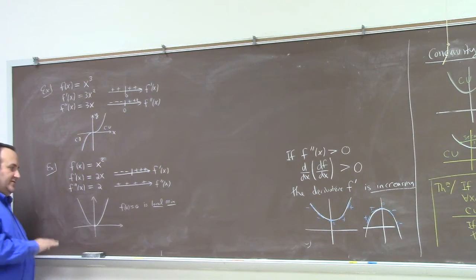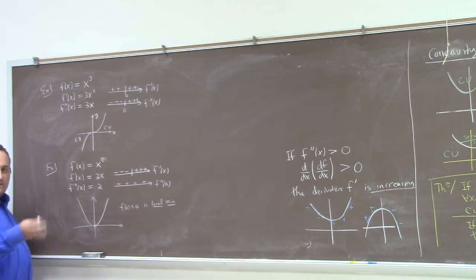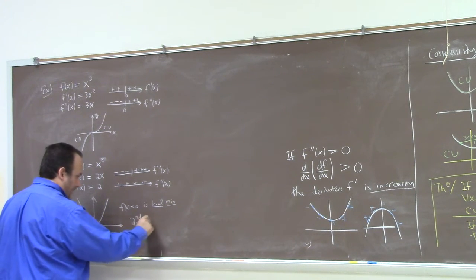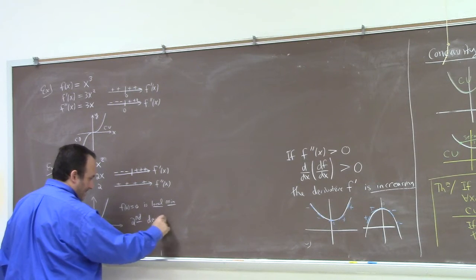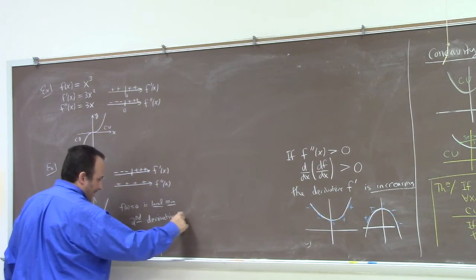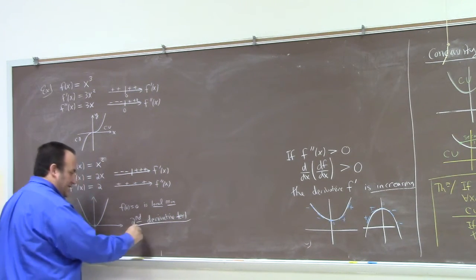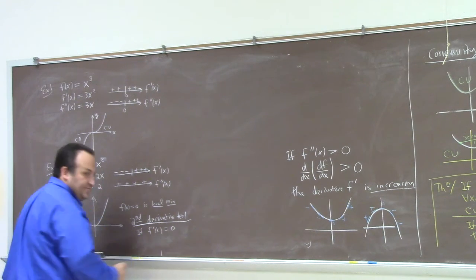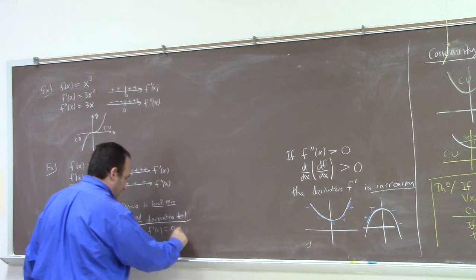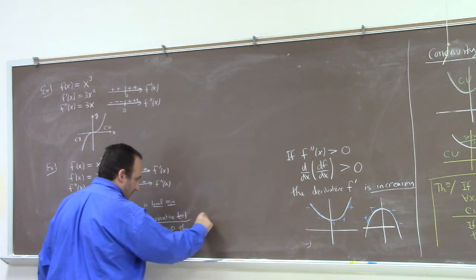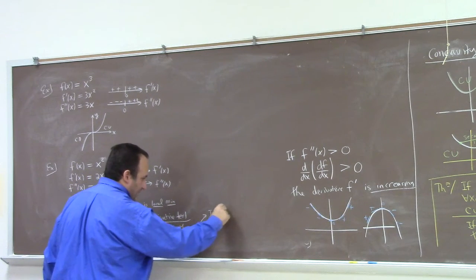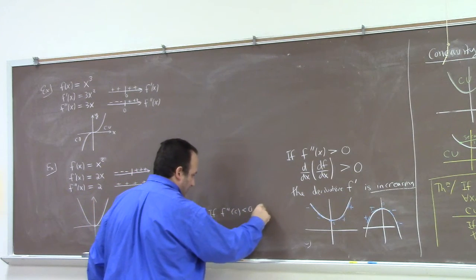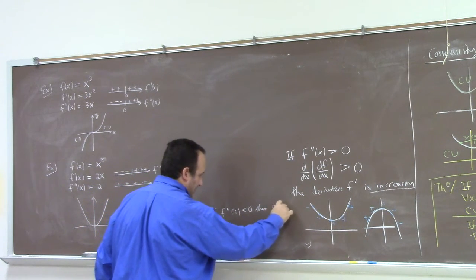By the way, this gives you an example of what's called the second derivative test. It says that if f prime of c equals 0, then if f prime prime of c is less than 0, then max.